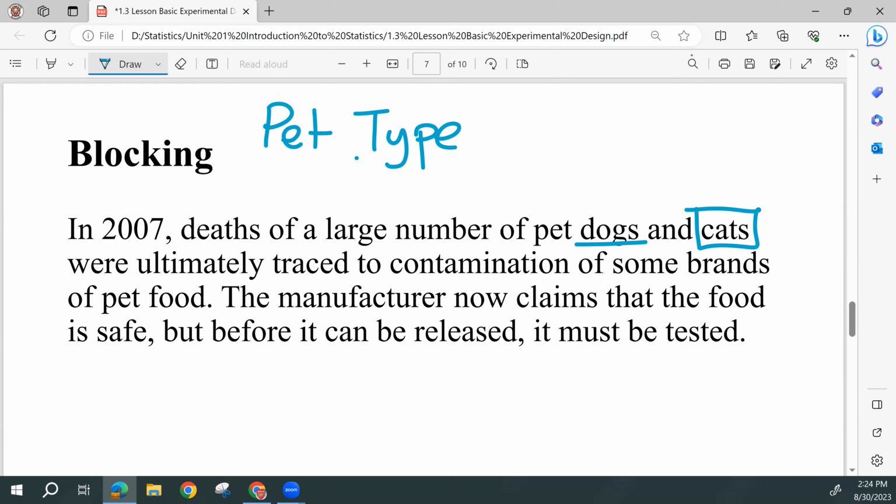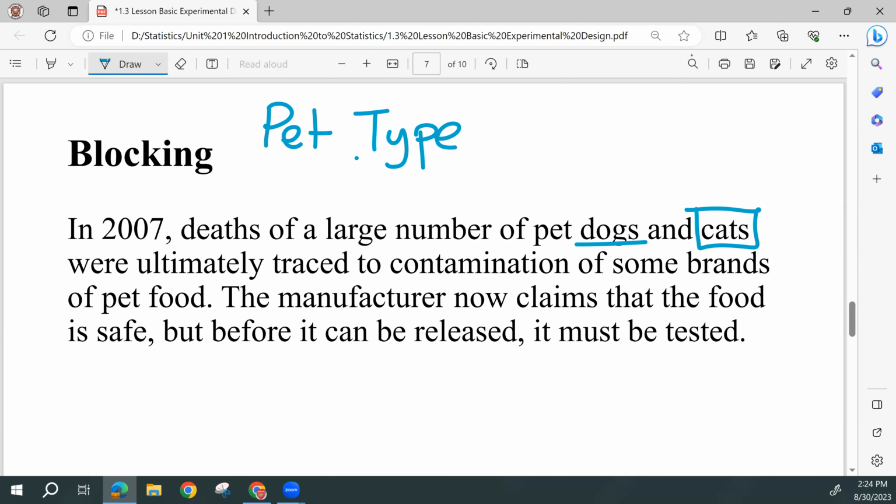So we would take all the dogs that were part of this experiment, and we would randomly assign some of the dogs to get the already known to be safe food, and some of the dogs to get the newly formulated food, and then we would compare those results.